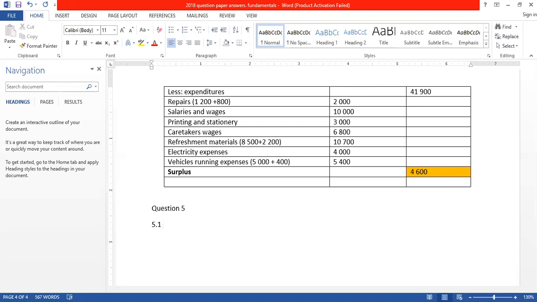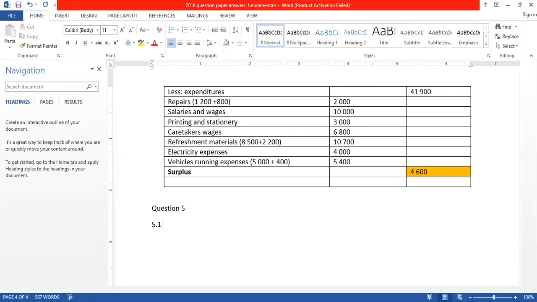That's why you will have to draw up some ledger accounts in order to find your sales amount and your purchases amount. To find your sales amount, you will have to draw up your debtors control account.